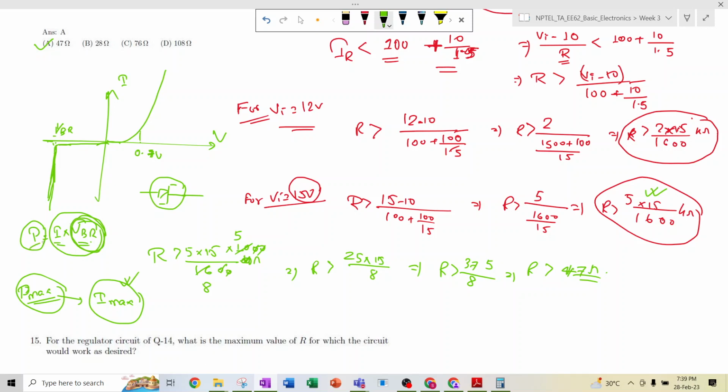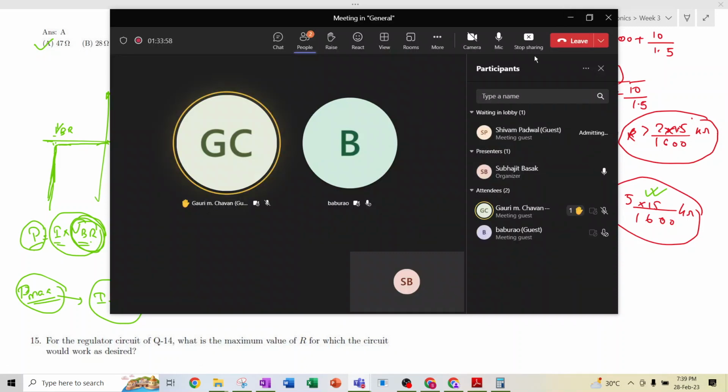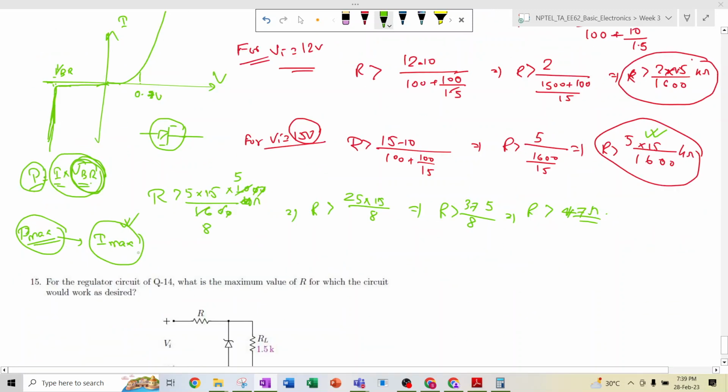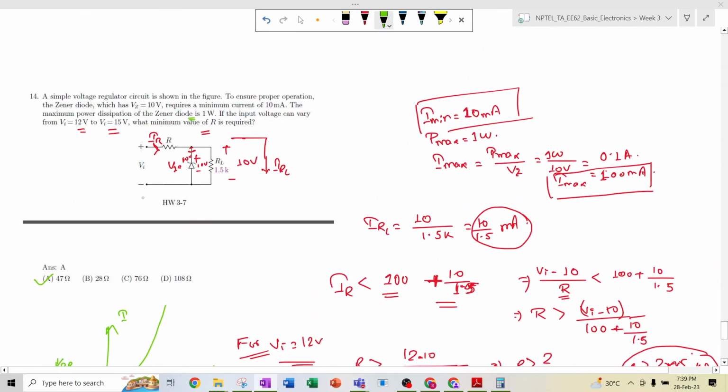So if you divide the power by this voltage, you get the current, and up to that current the Zener diode can withstand.